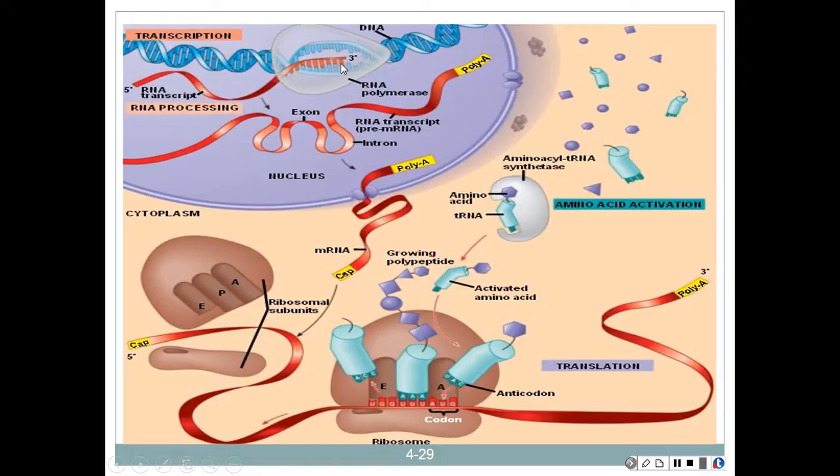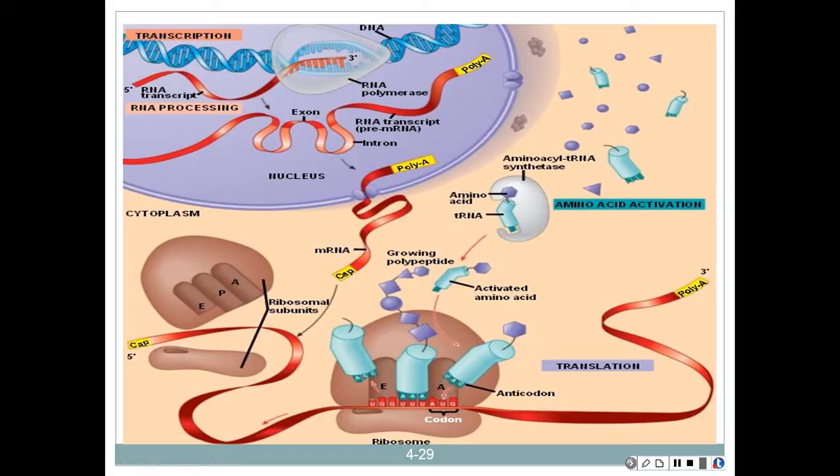The first codon will be A, U, G. Remember, there's no thymine; the thymine is replaced with uracil when we deal with the RNA strand. So it'll code for that particular strand, giving us complementary bases.